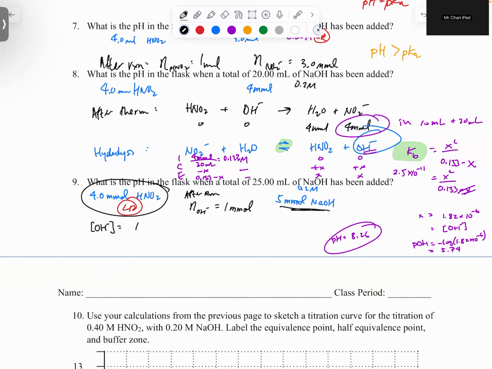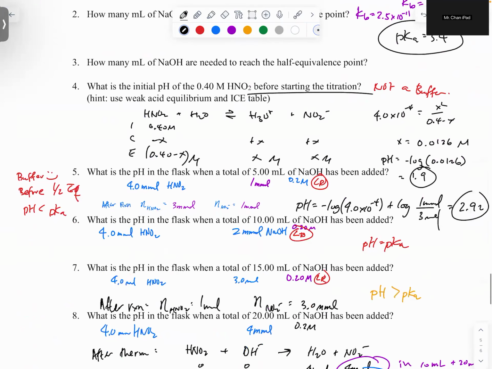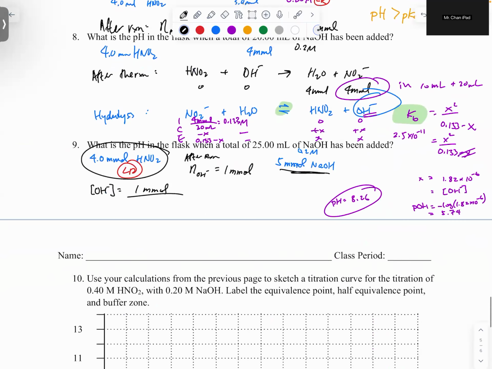And then what's the concentration? 1 millimole over the total volume. What's the initial volume of the acid? 10 milliliters plus 25 milliliters.